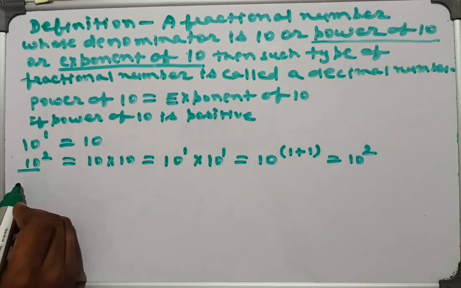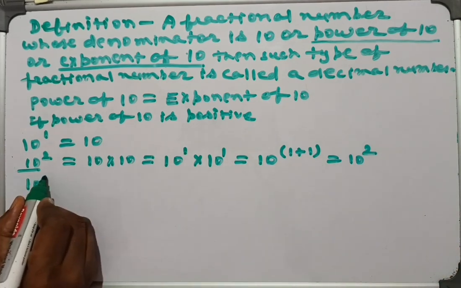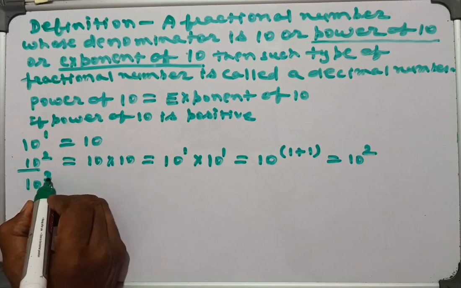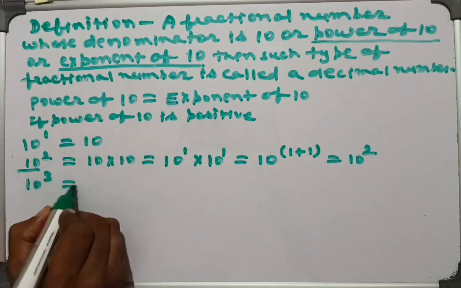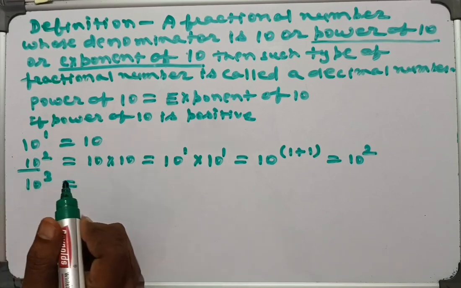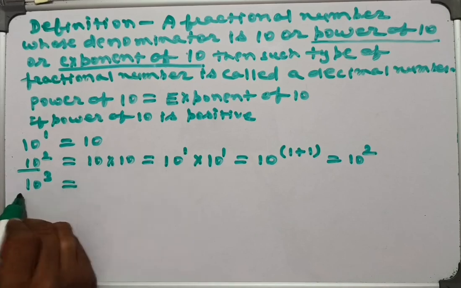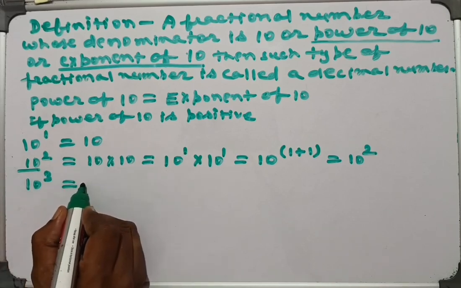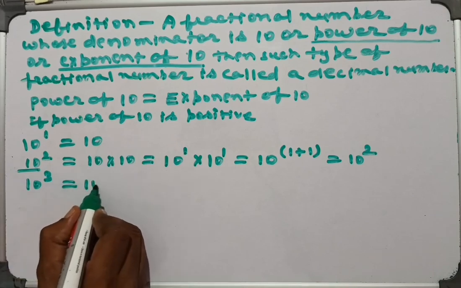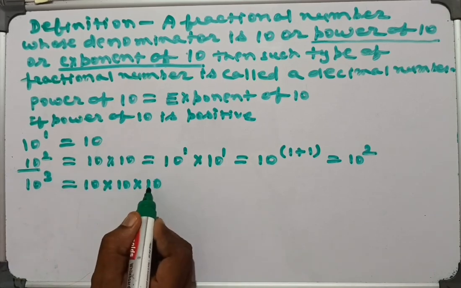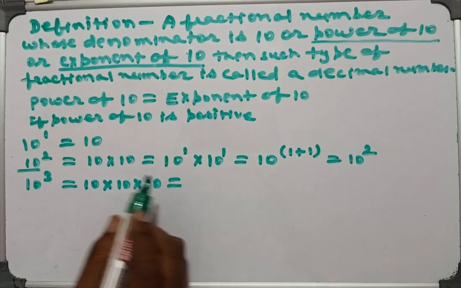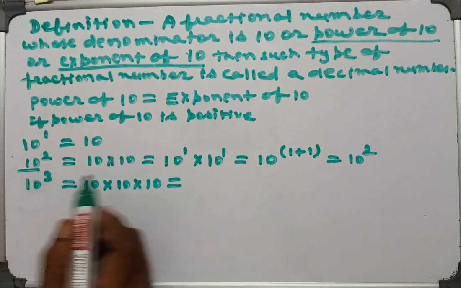Now see another example, 10 to the power of 3. Here 3 is written and no sign is given before 3. It means it is a positive number. So what will you write for this one? You have to write 10 multiplied by 10 multiplied by 10, three times, because the power is 3 here.